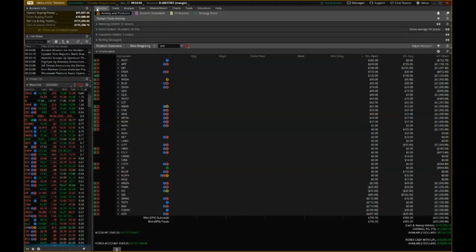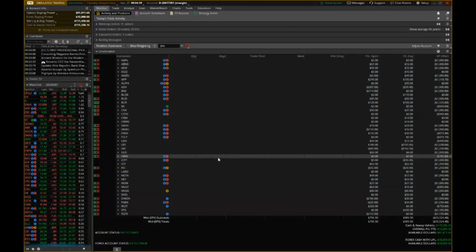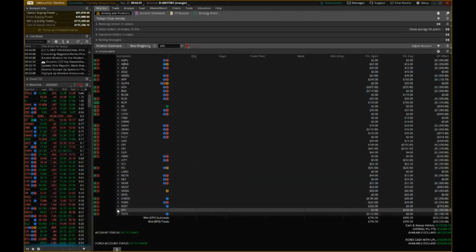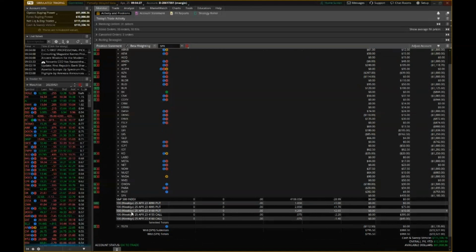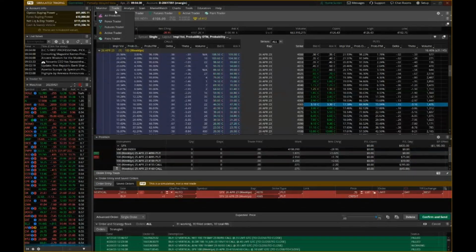Today's emphasis will be on zero DTE orders on SPX. Alright, so the SPX orders I placed yesterday had already filled, and I've got an open order.